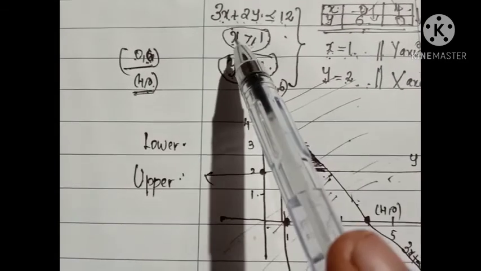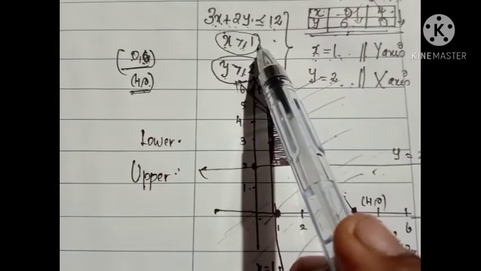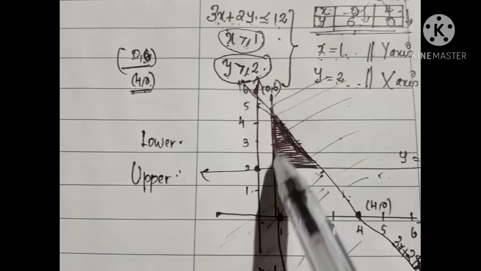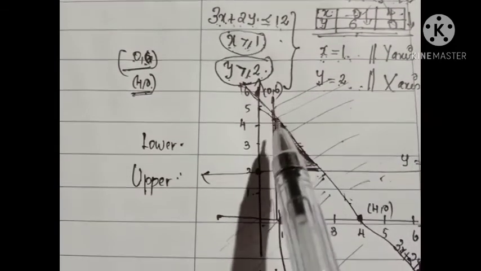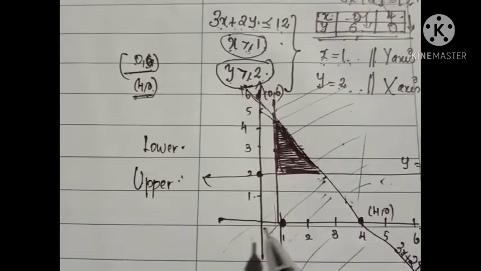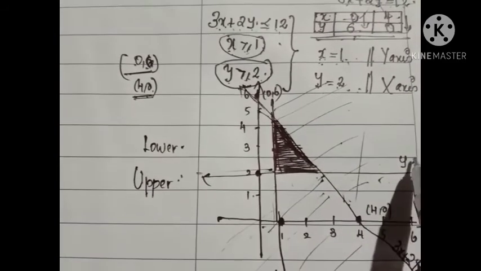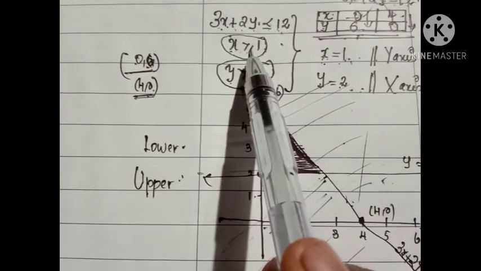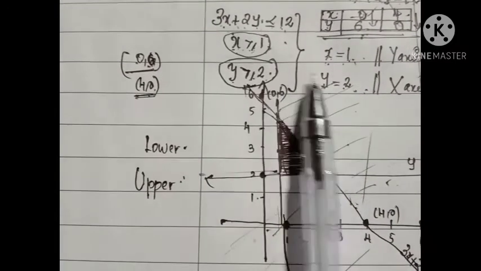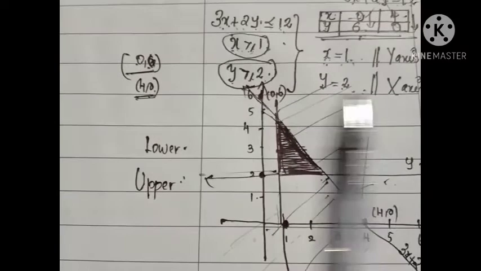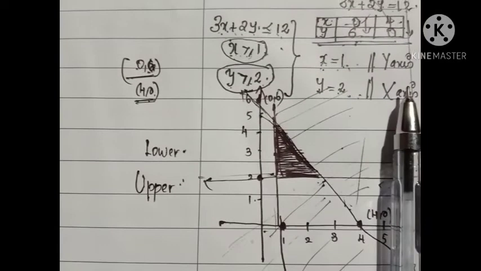Now, second one, x is greater than or equal to 1. So, x equal to 1 is our line. This line divides the total plane into two parts, left half plane and right half plane. Greater than or equal to 1 means naturally it is the right side.